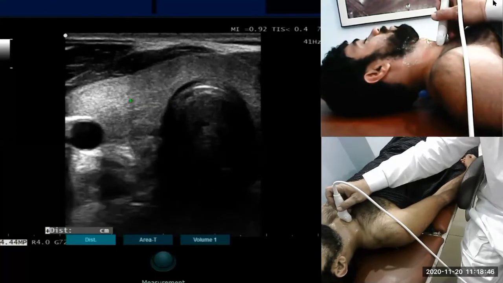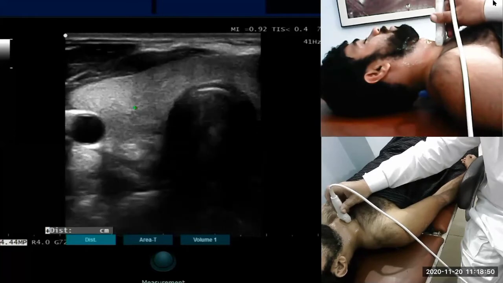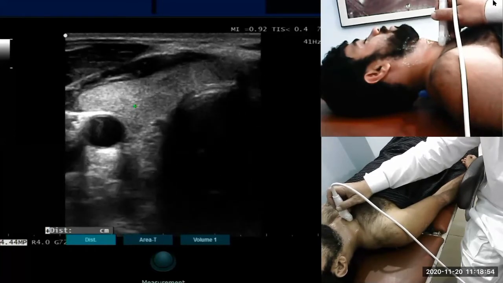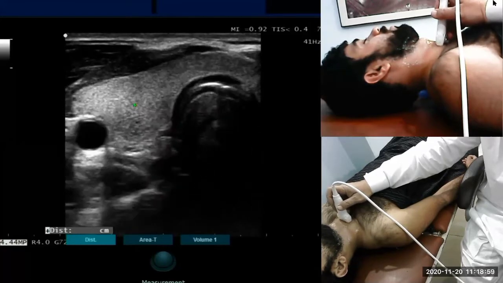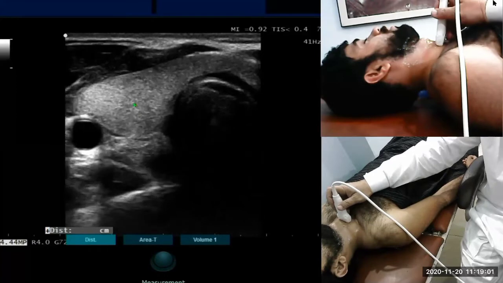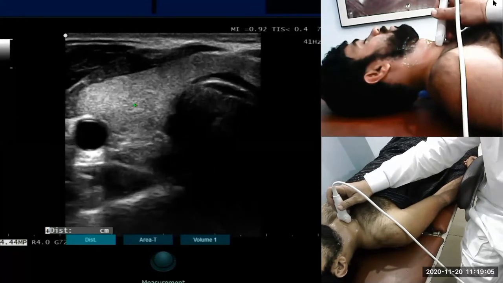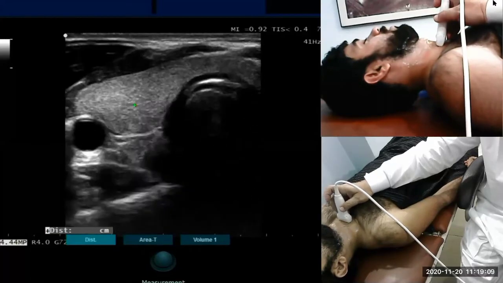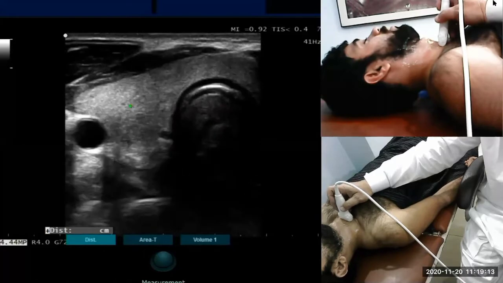You have to remember the normal brightness of the thyroid gland, which we don't see in thyroiditis like Hashimoto's thyroiditis and also in toxic goiter. We don't see this brightness.